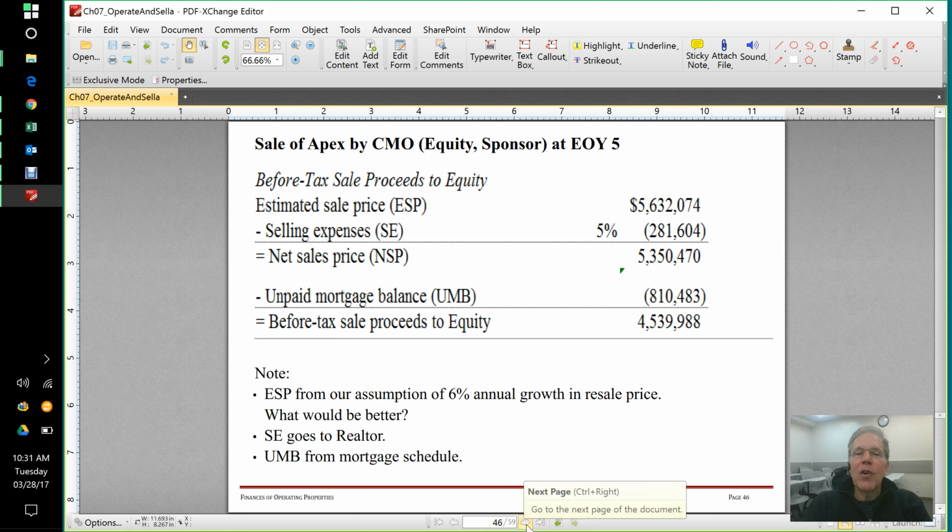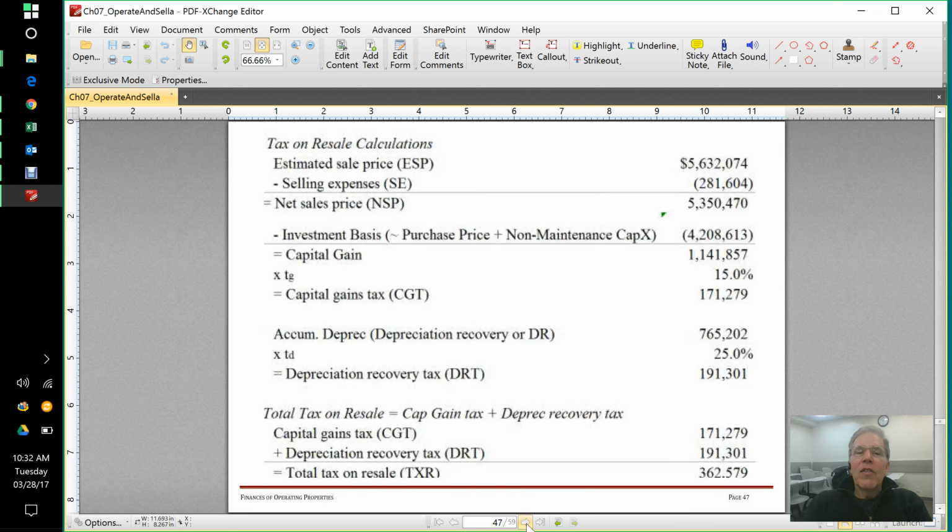All right, so what's going to come up next? Well, you always have to pay tax when you sell a property unless you have a Starker exchange, which we'll talk about a little bit later. So let's start looking at that. There are two types of tax that we're going to have to consider.